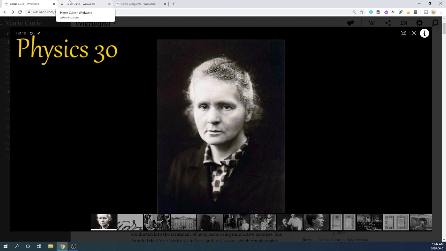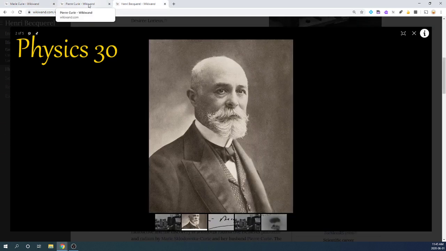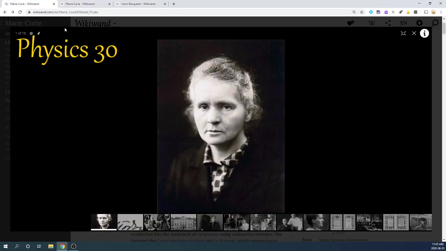In fact, actually discovering a couple of the elements, and I haven't read into everyone in depth, but I do know that Marie Curie died sometime later of leukemia, most certainly as a result of her work with radioactive particles. So that being said, we want to go into kind of what they were looking at.